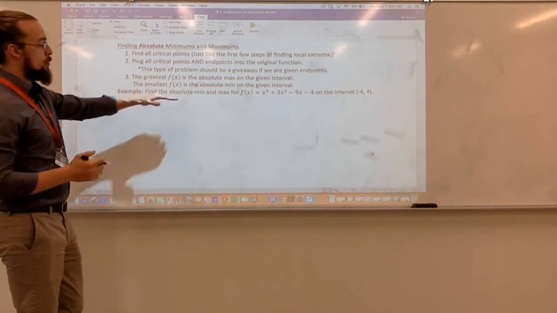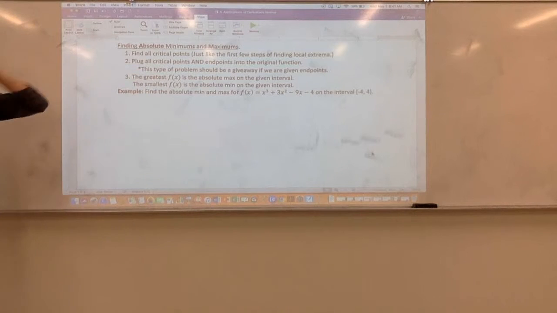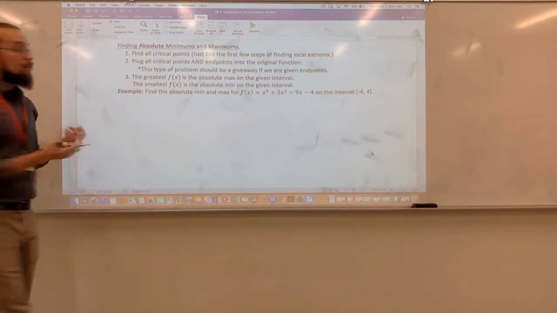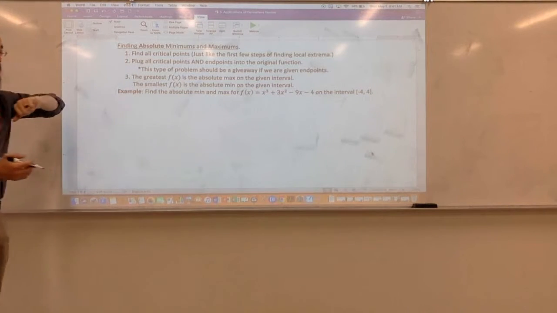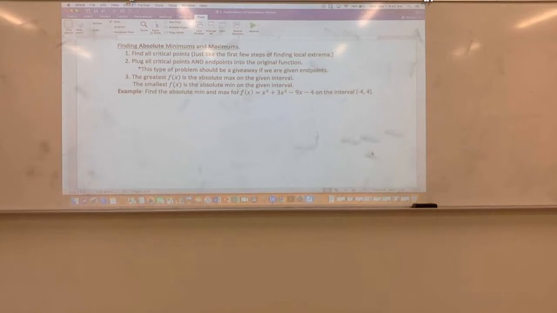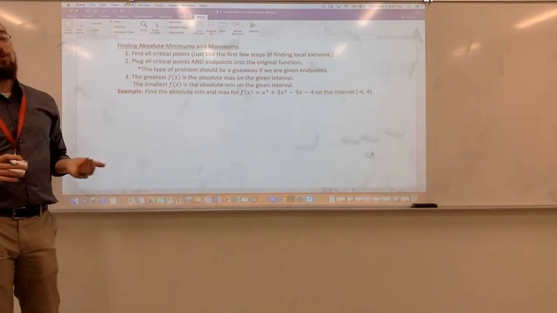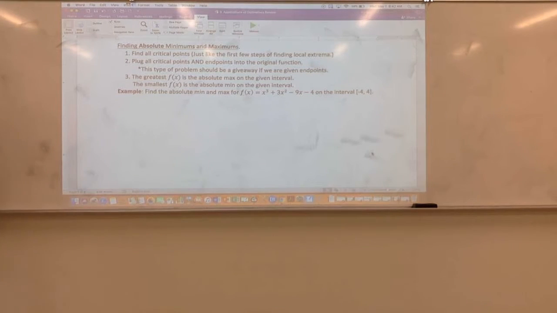So the only difference between absolute mins and maxes and local mins and maxes is these could occur at an endpoint. So what I want to do is find all critical points, just like we would for local mins and maxes, and then take my critical points and the endpoints and plug those into the original function.